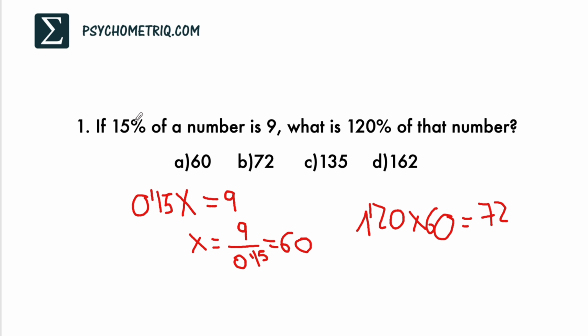That is, if we know that 15% of a number is 9, how much would 100% be? Well, if we divide 100 by 15, it's approximately 6 point something, roughly. So we multiply 9 by 6 point something, it would give us about 50 something. And if at 50 something we apply a 20% increase, the only suitable and possible response would be option B.